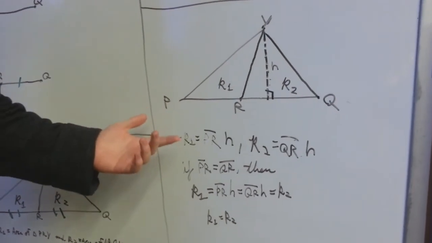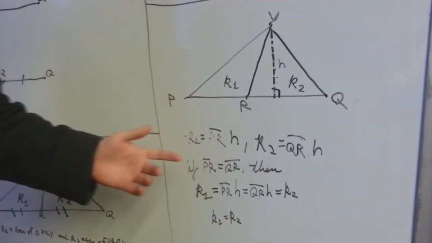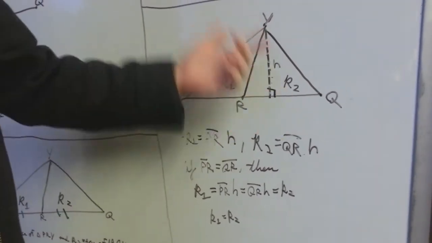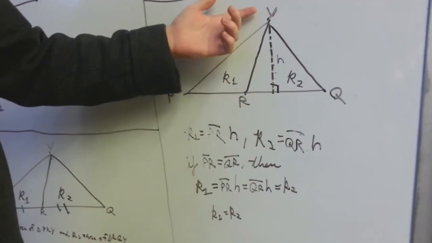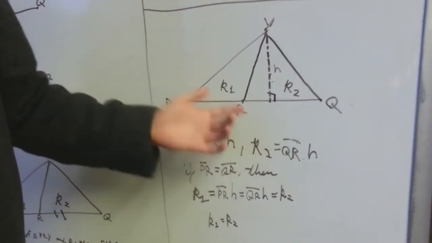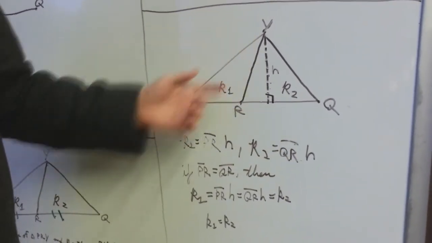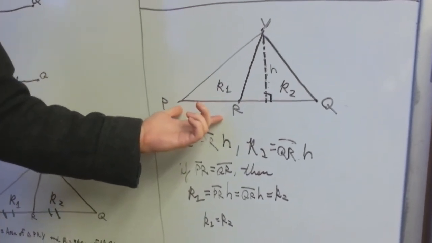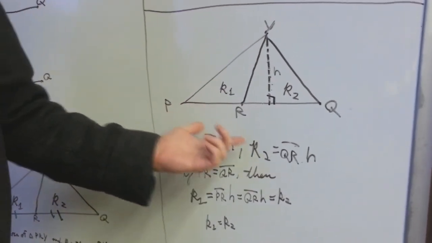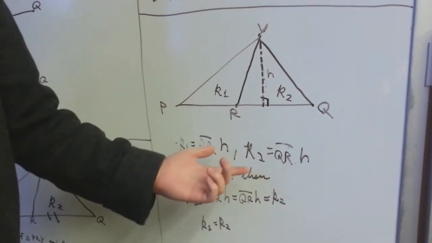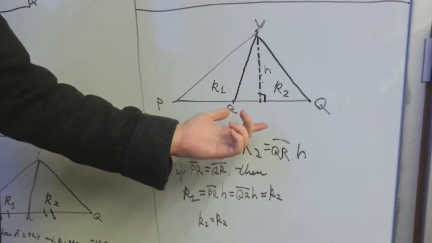Okay, we know this because the area of a triangle is 1/2 times base times height. And we know that in the original triangle PYQ, we can drop an altitude from Y to the opposite side PQ, and this will be the height. And so the base of the triangle PRY is PR, the base of the triangle RYQ is RQ, and these bases are equal.